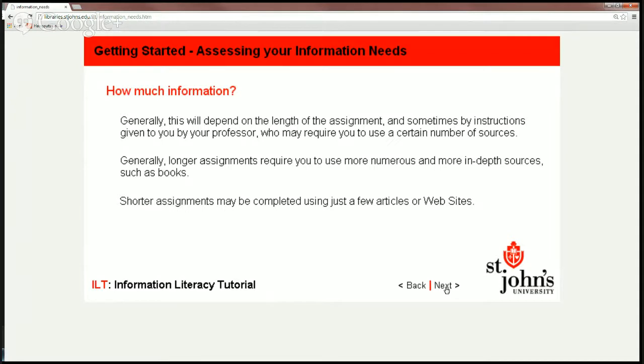Now, obviously the length of your assignment dictates how much information you'll need. And this is obviously a question that you need to run by your lecturer or your tutor, but generally, longer assignments need more sources and shorter assignments need fewer. And remember, it's also about the purpose of the assignment.